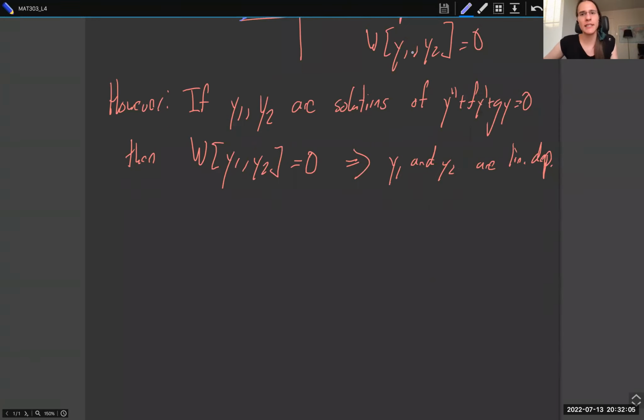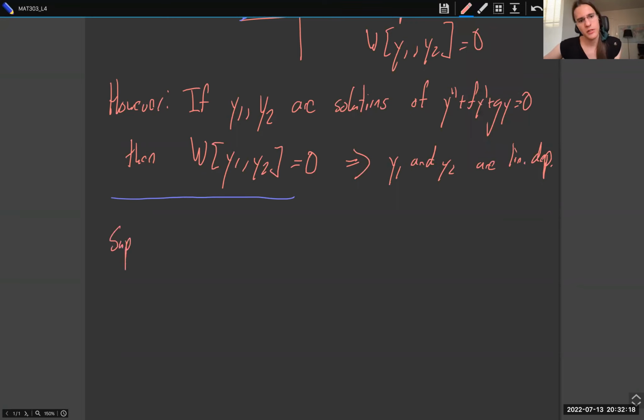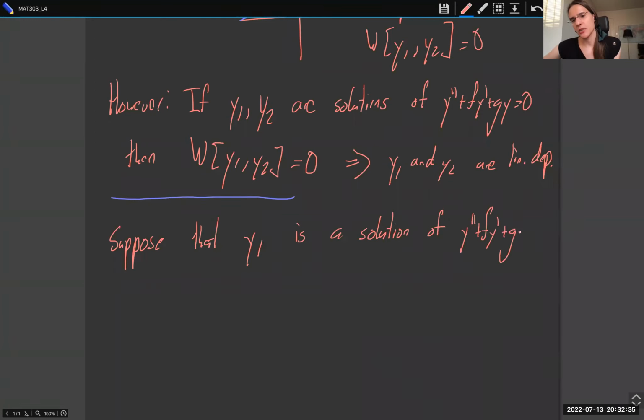And so the state of affairs is not exactly ideal. Well, actually, before I say the state of affairs, I'll give an example. Actually, it's not an example. First, it's going to be a process. Suppose y1 is a solution of y'' + f y' + g y = 0.